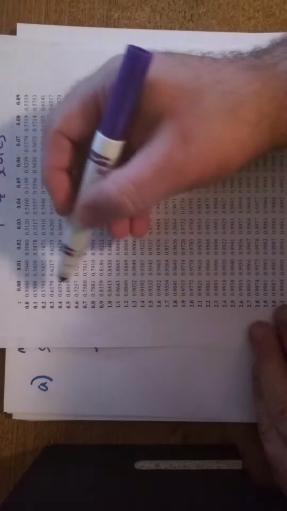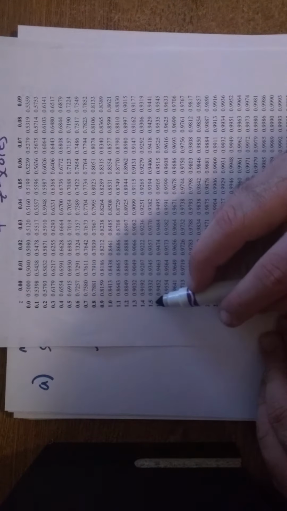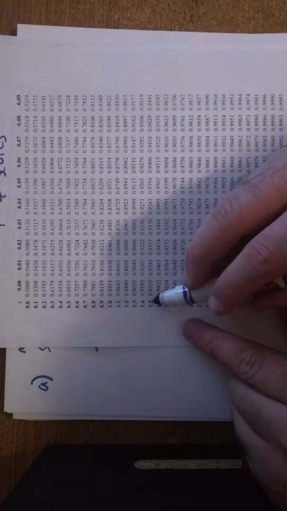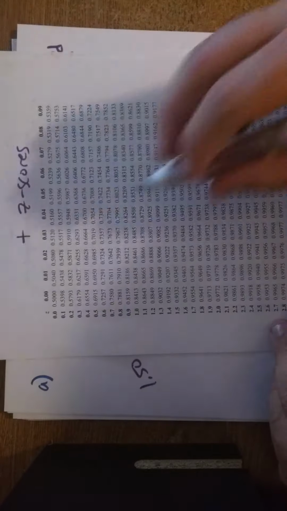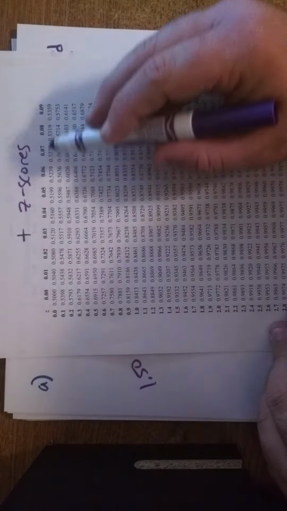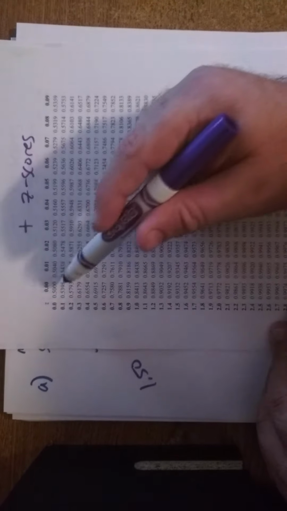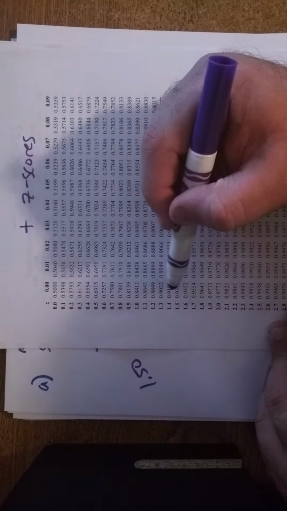What I do is I look to the left side first. I find 1.5 right here. So we're going to be on this row. Now, 1.5 is really 1.50, right? That's important to know, because this row on top in bold right here determines the hundredths place. So 1.5 and 0 meet right here at this column and this row.